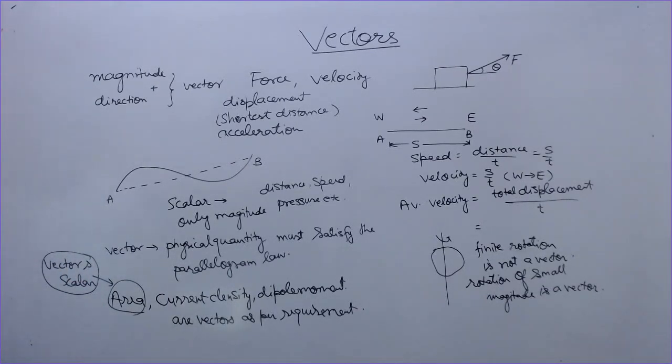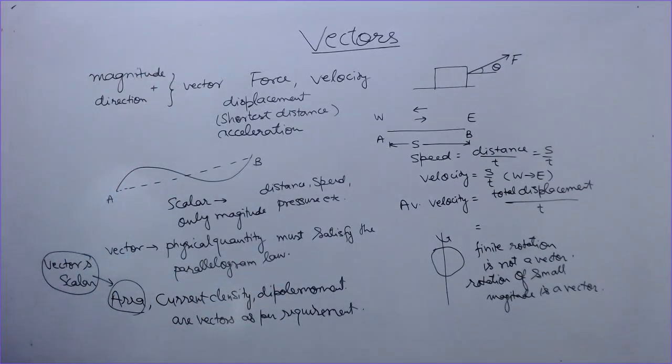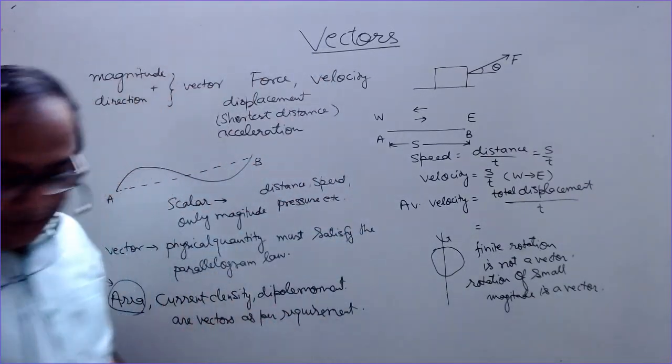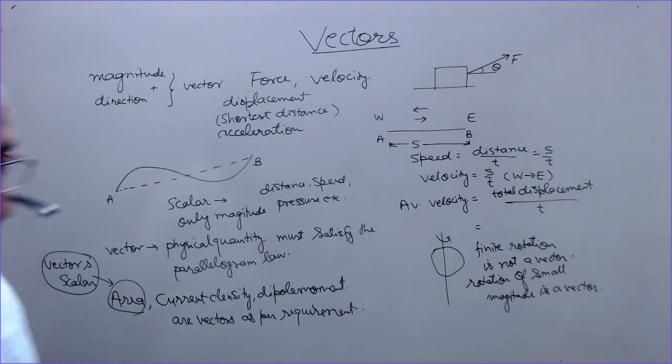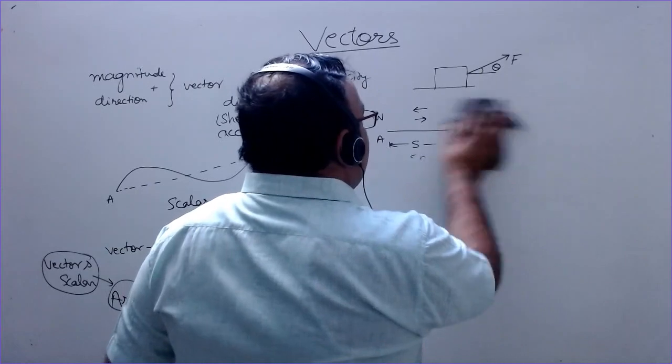Some quantities, like moment of inertia. What is moment of inertia? I will not discuss it here. You all must be knowing, we will be discussing this in the chapter related to moment of inertia. So moment of inertia is not a vector. Then under what category does it fall?